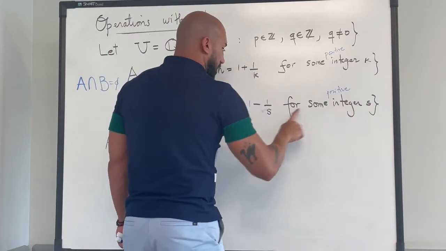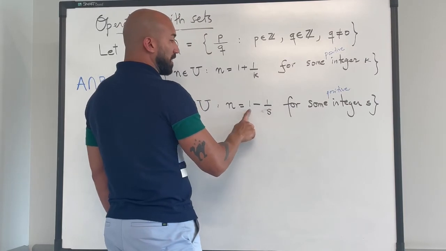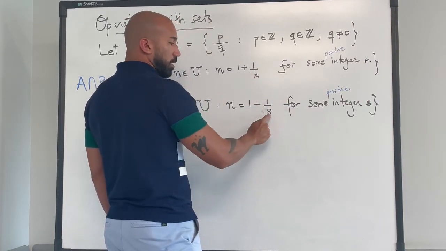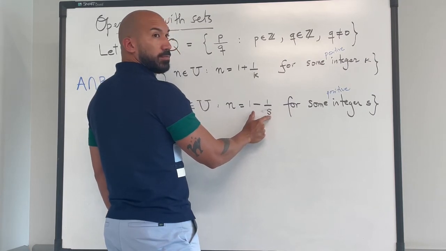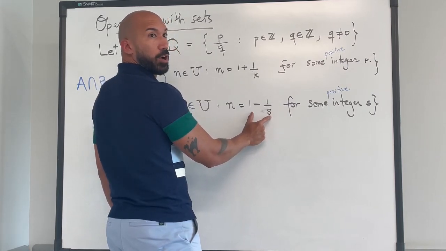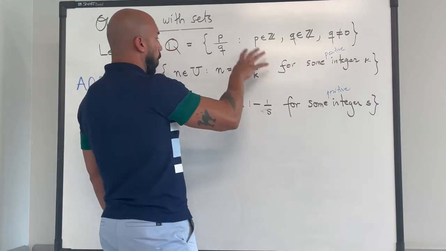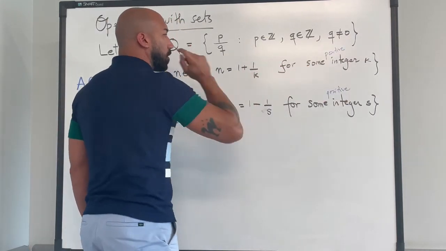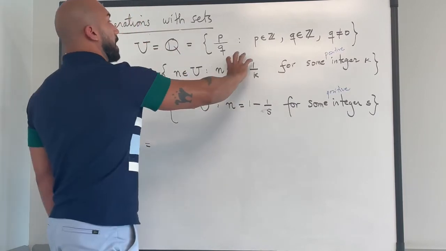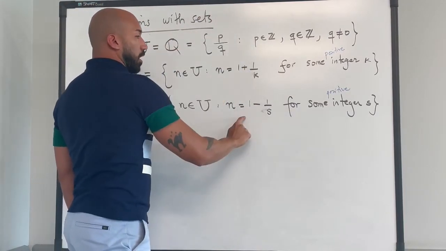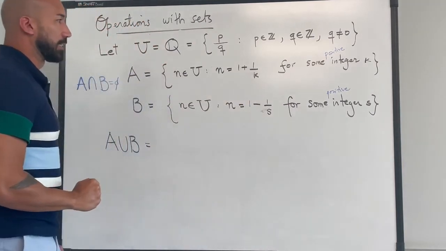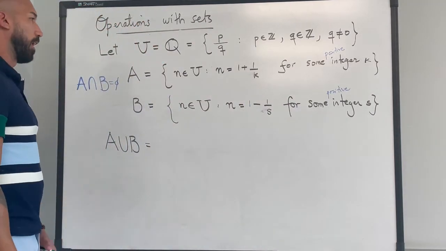If s is positive, we are subtracting something from 1, and the result is always less than 1. So all elements in A, if we consider only positive integers, are bigger than 1, and all elements in B are less than 1. Obviously in that case they have nothing in common.